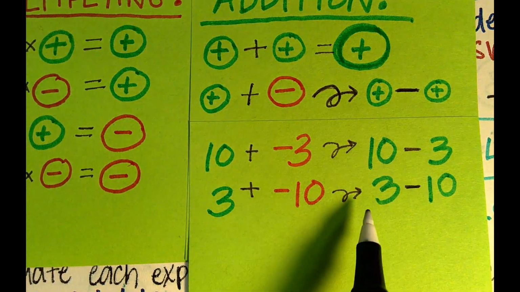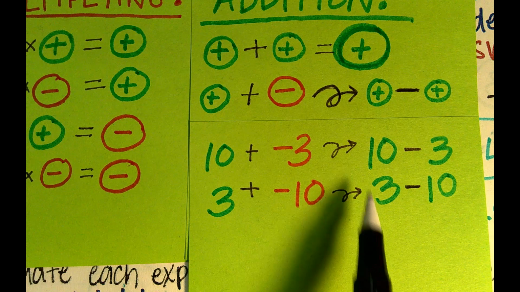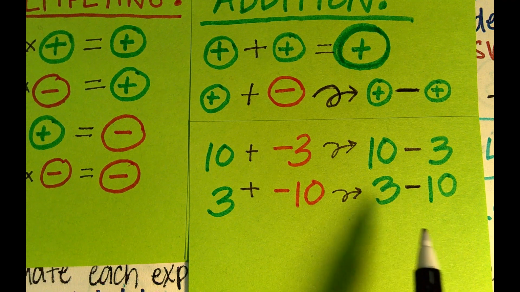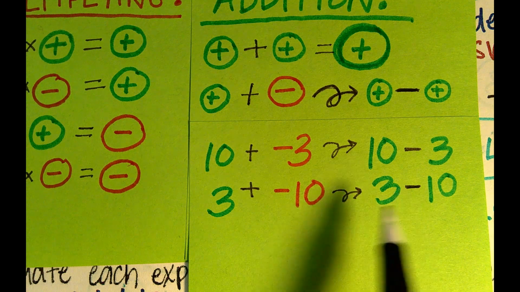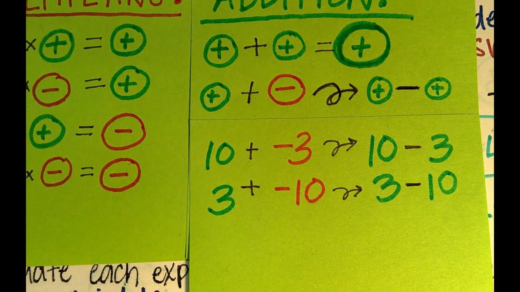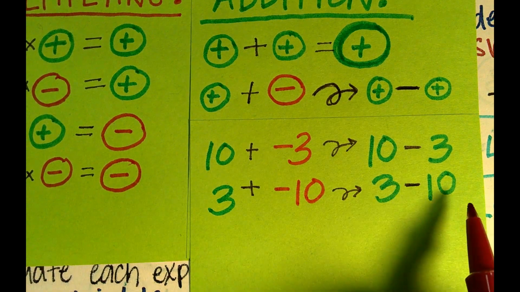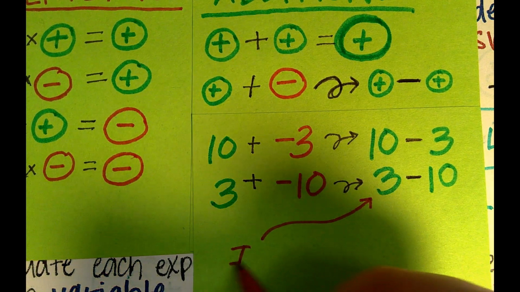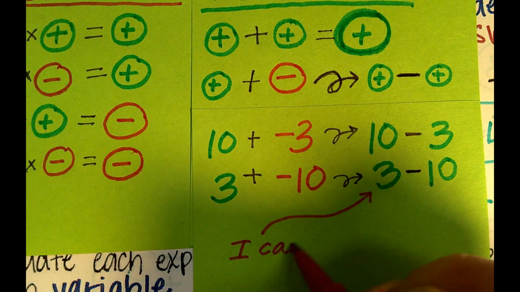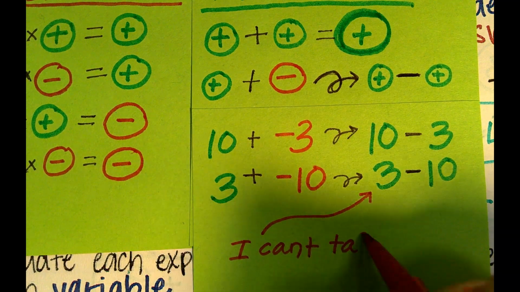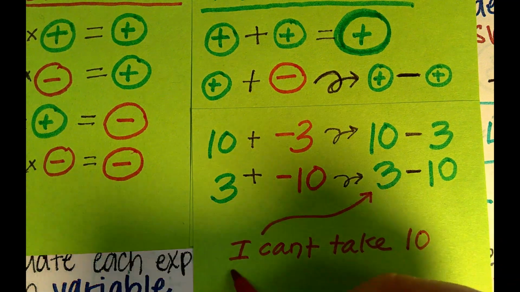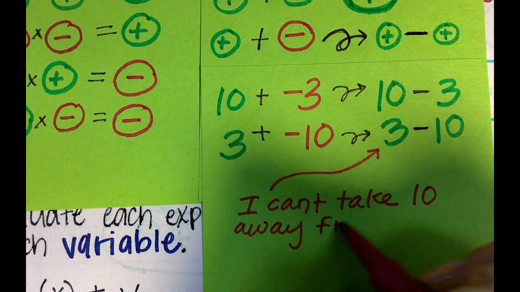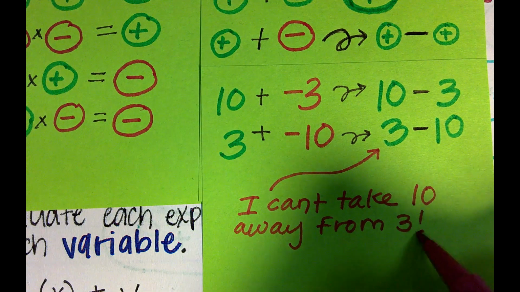Now, if you have a problem like this, 3 minus 10, you know I can't do that. I can't take away 10 if I only have 3. So here's a trick. I can't do 3 minus 10. I'm going to make a note here. I can't take 10 away from 3.